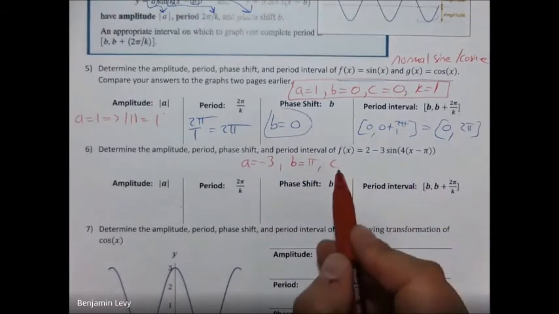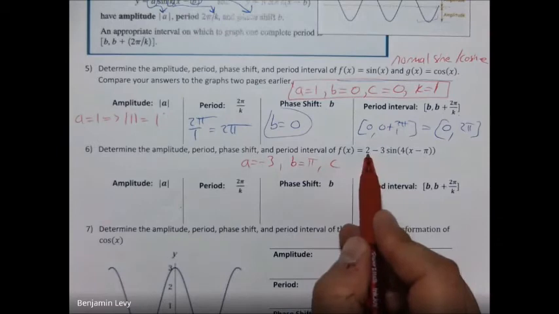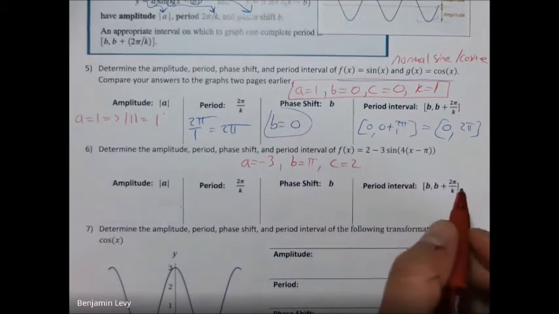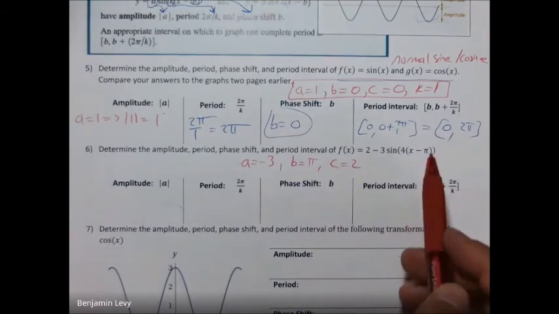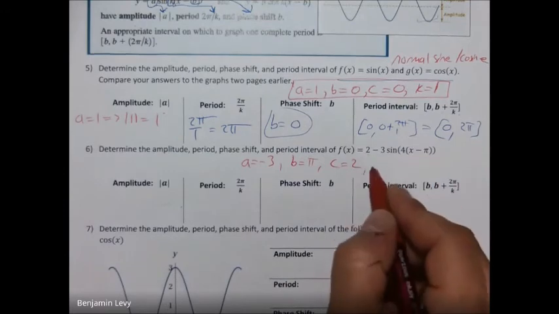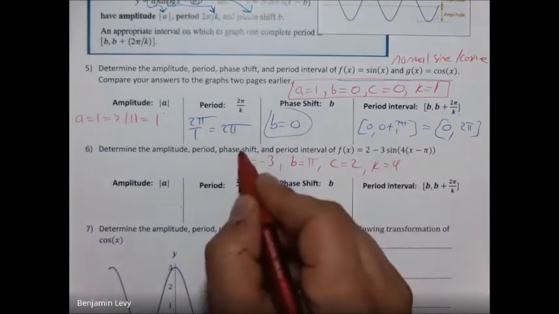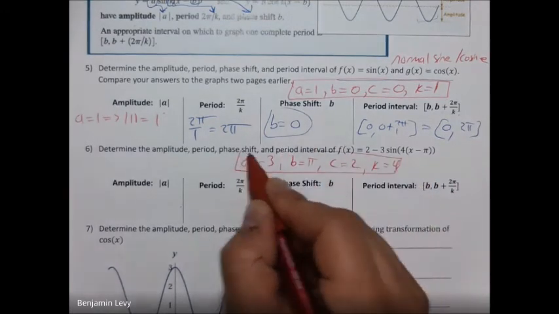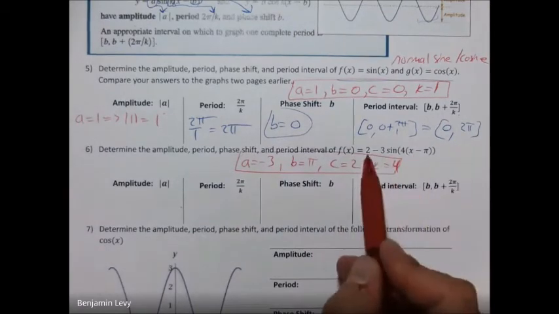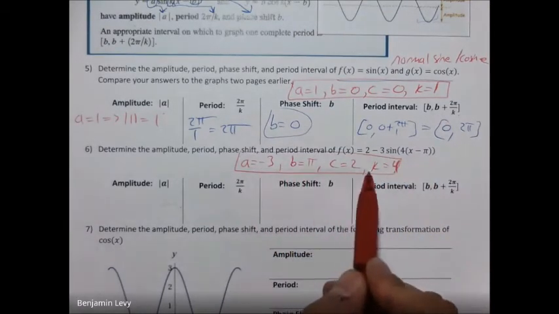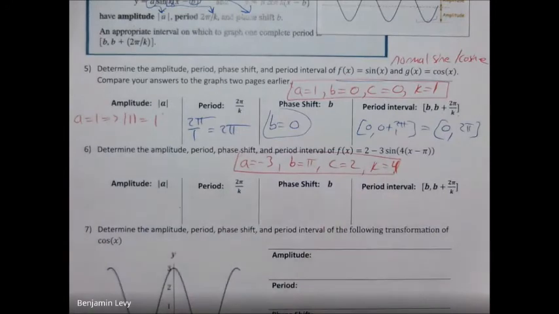C is the number that's being added or subtracted, so C is the 2. And K is the number that's multiplying the X, and so K is 4. So this transformation, a bunch of things are going on there, but these values are describing what they do, and we can figure out the amplitude, etc., using those values.